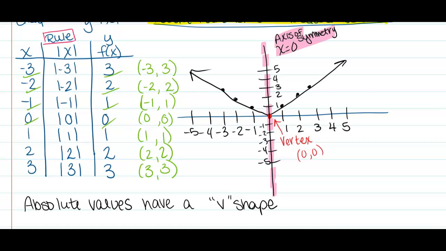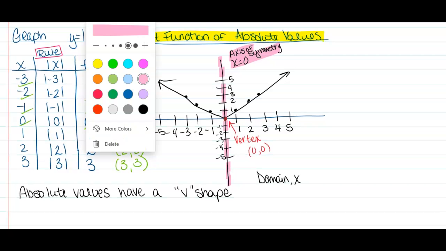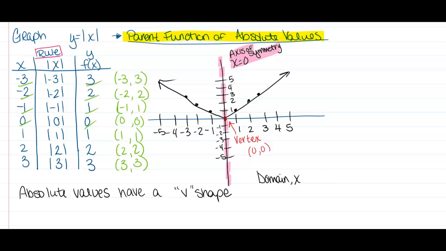And now to find our domain and range. For domain, if you recall, your domain is your x values. So what are the x values that are being used in this graph? A way that we can find the x values is we look for the furthest point to the left, and because there is no furthest point to the left, we know we're going to go to -infinity.